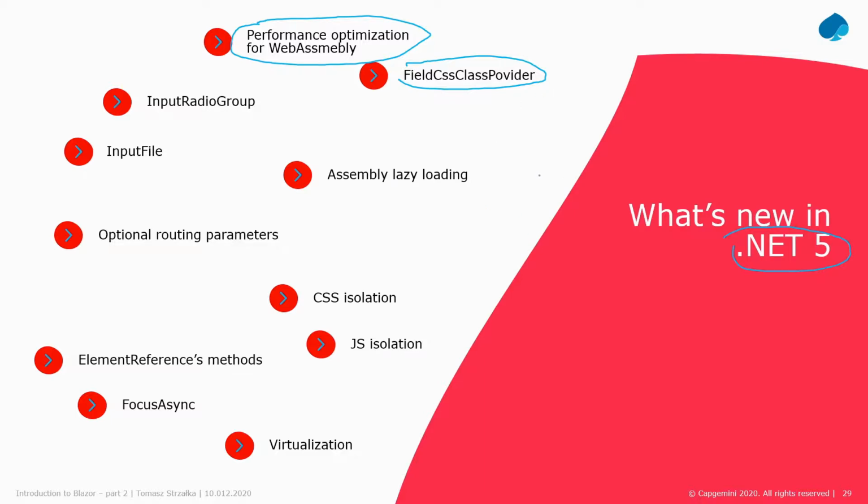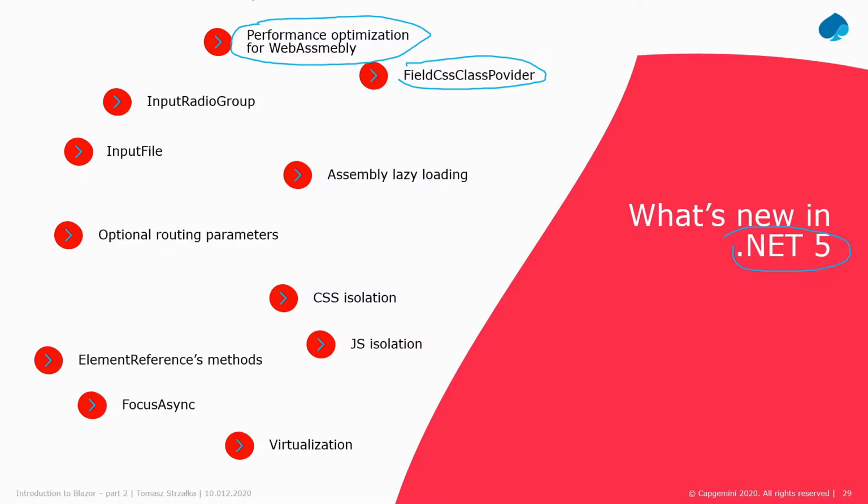So now we can provide any other classes we want to apply based on the input's actual state. So the state would be valid or invalid, pristine or touched or dirty, something like that. Also in .NET 5 we introduced new input Razor components like input radio buttons and input files.